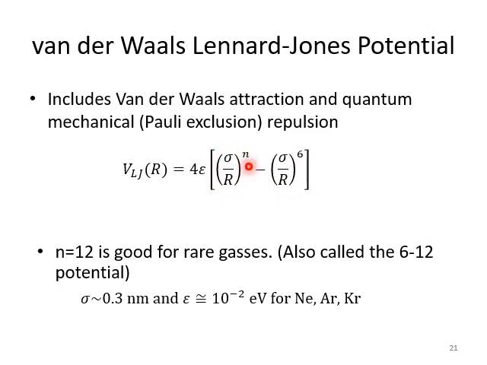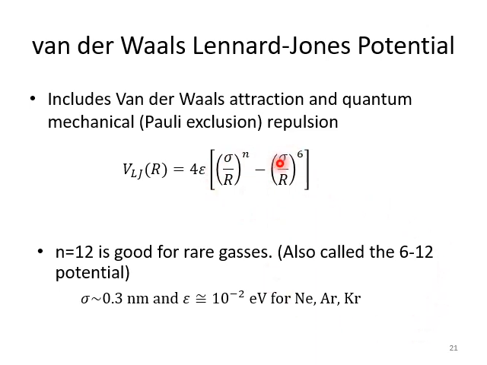And the other one is the quantum mechanical Pauli exclusion repulsion, that the atoms don't want to sit on top of one another. So they're pulled together by this power, and they are pushed apart by this one. As an approximation, experimentally determined for rare gases, this n is 12, right? So it's called a 6-12 potential because the atoms are pushed apart by the 12th power of 1 over r and attracted by the 6th power.